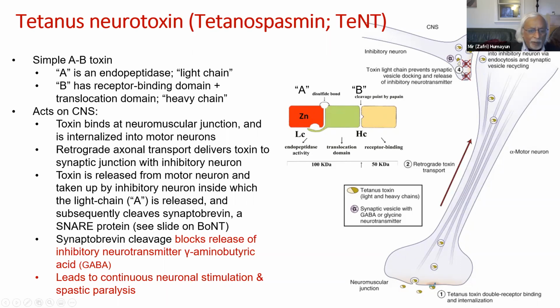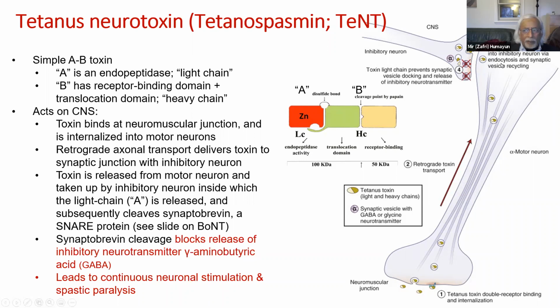It destroys a particular protein which prevents the inhibitory neuron from inhibiting the contraction. As a result, the inhibitory neurotransmitter called gamma aminobutyric acid or GABA is not released into this neuron.